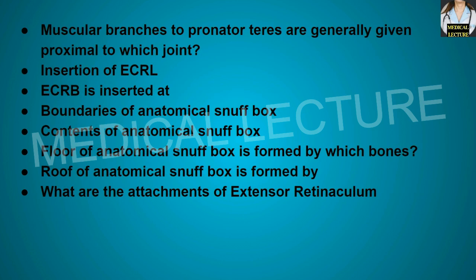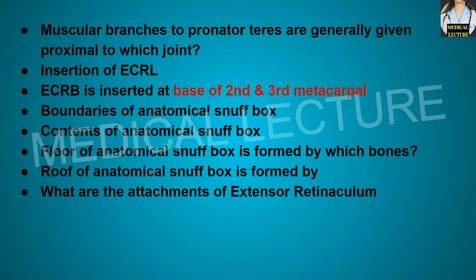Muscular branches to the pronator teres are generally given proximal to which joint? To the elbow joint. Insertion of the extensor carpi radialis longus muscle is at the base of the second metacarpal bone. Extensor carpi radialis brevis is inserted at the base of the second and third metacarpal bones.